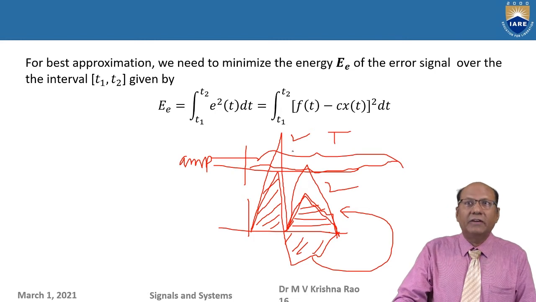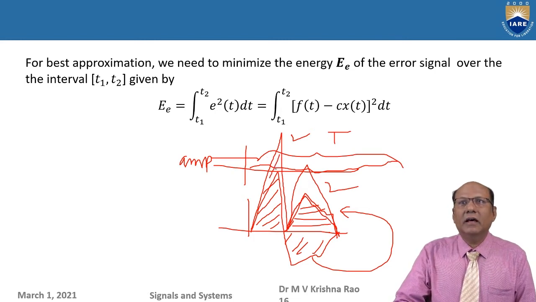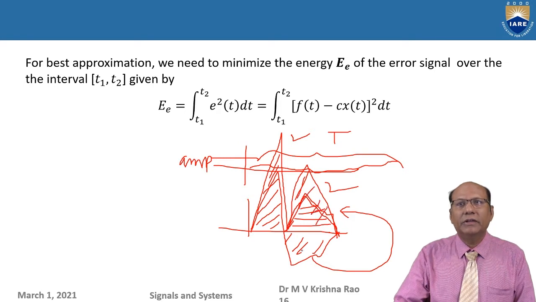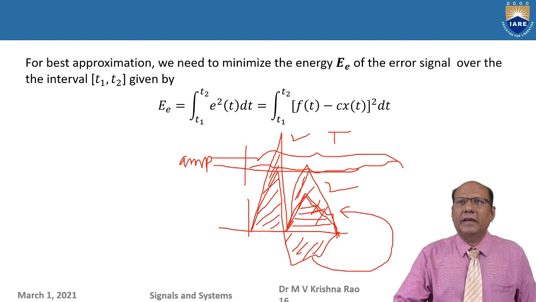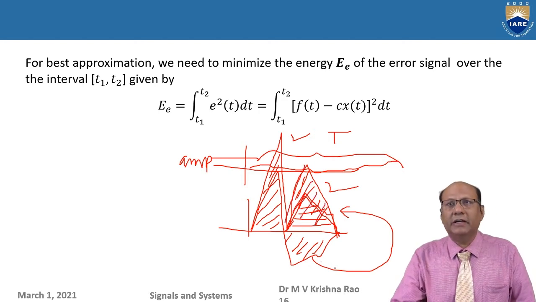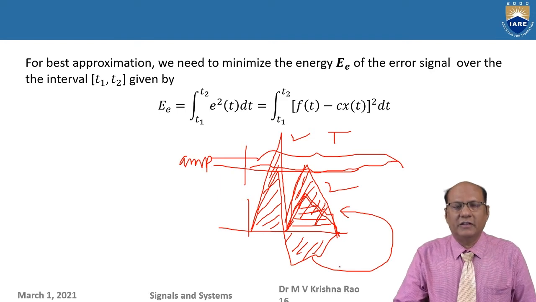And after squaring, I will get the bigger area, because to contain the negative area, that is negative polarity, if I square it, automatically polarity will disappear. So I will get the area. So this is nothing but the energy of the signal, basically energy of the signal between T1 and T2.